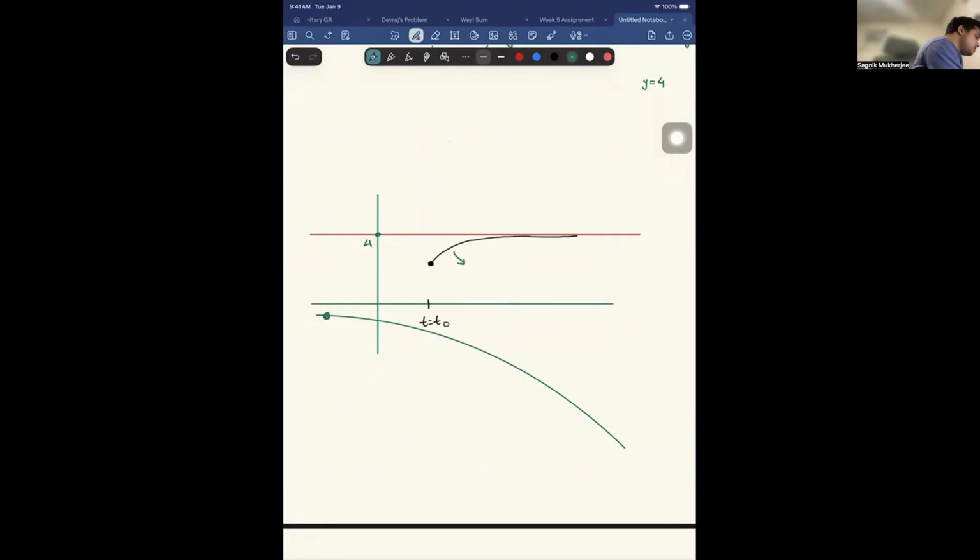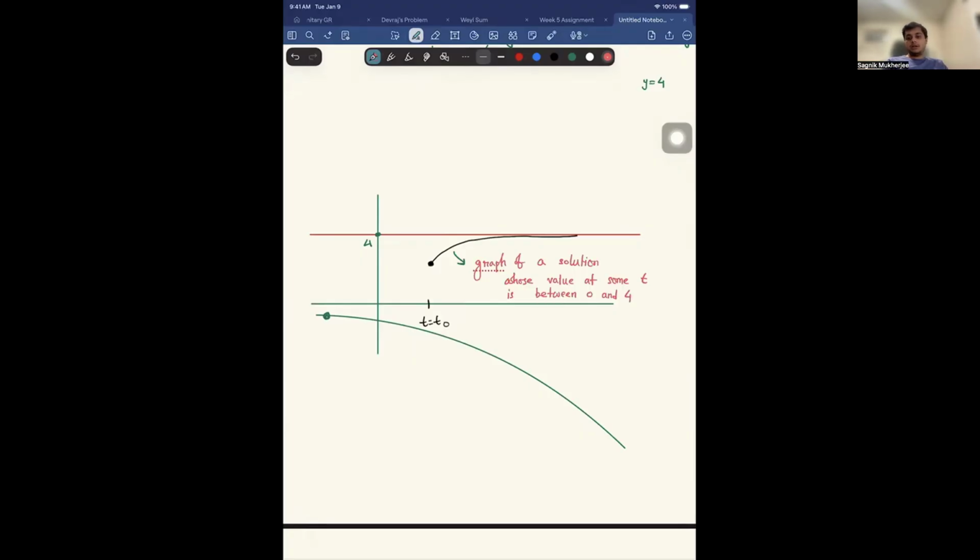So this is the solution curve or graph of a solution whose value at some point is between 0 and 4, right?